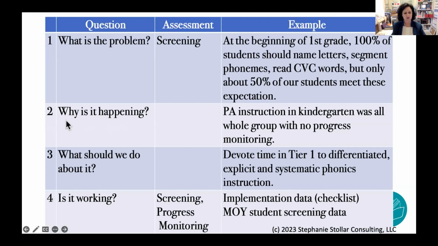Then we're going to move into problem analysis. Why are we only getting half of our students to grade level expectations on these skills? Here at step 2 is where you would generate all the things we've been talking about today. What contributes to good, high quality, effective tier 1 reading instruction?